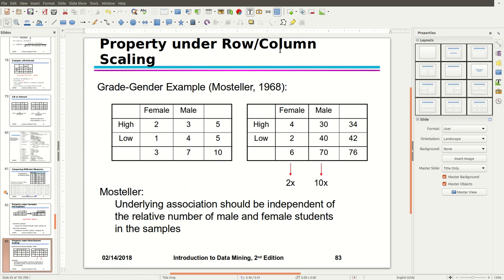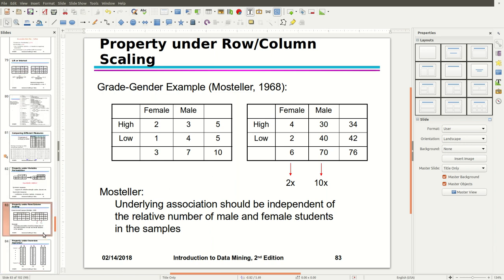Under row and column scaling, will it change? So that's another one. So we have this contingency table, and somehow I decided to multiply these females by 2x and males by 10x, and definitely I will have very different numbers. So underlying association should be independent of the relative number of male or female students in the samples. So this is desired. We want it to be invariant under scaling, so we don't want it to change.